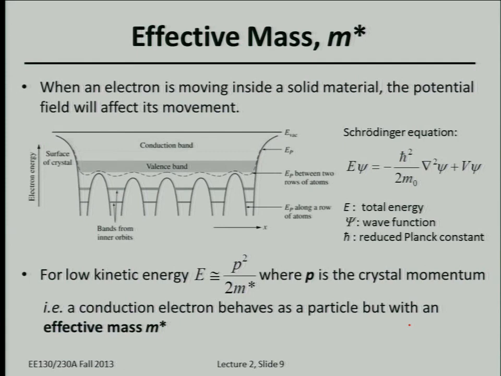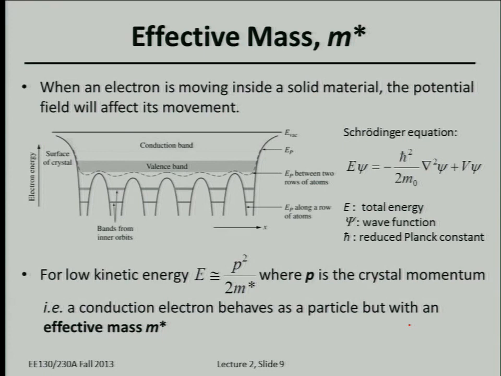You have Schrodinger's equation that describes this system, where psi is the wave function you can solve for. The bottom line is this equation describes the total energy of a system as the sum of the kinetic energy and the potential energy.